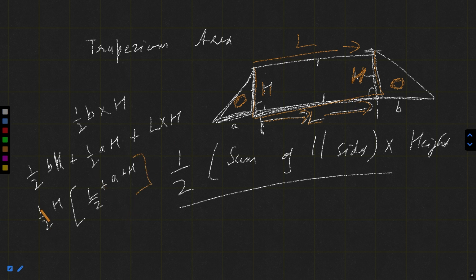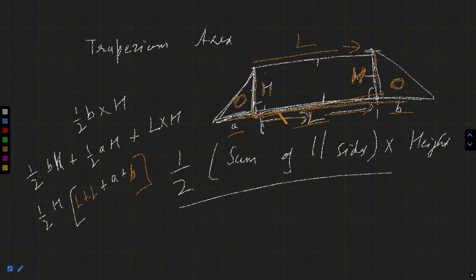This is A, and this is B. Oh sorry, this will be 2L, not L, as I took half common. Now I can write this 2L as L plus L. Then A plus L plus B will be one parallel side sum.